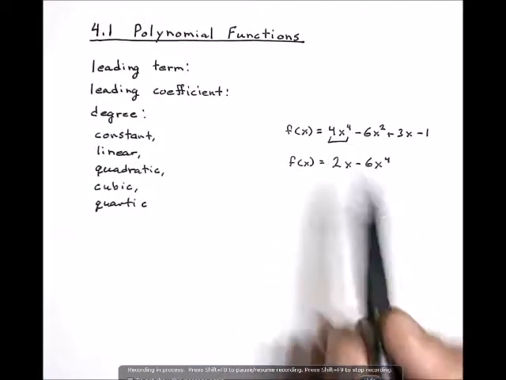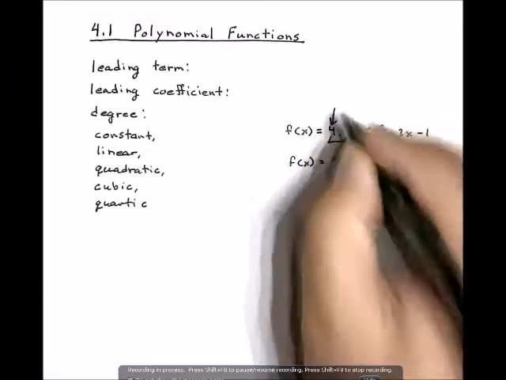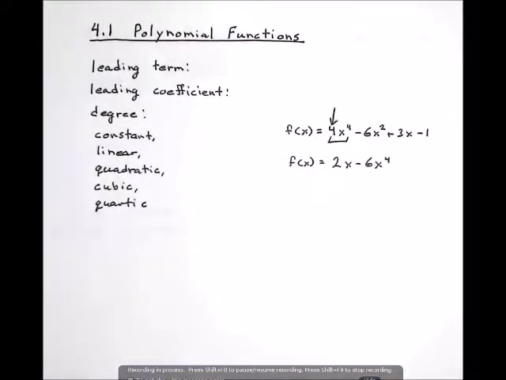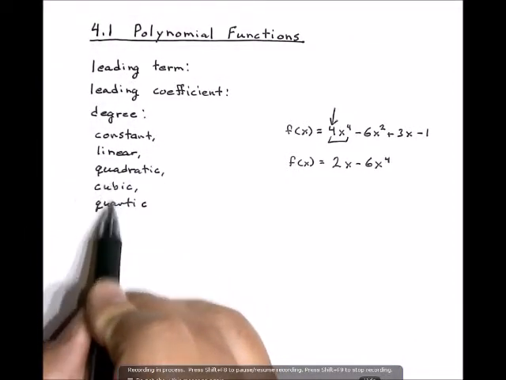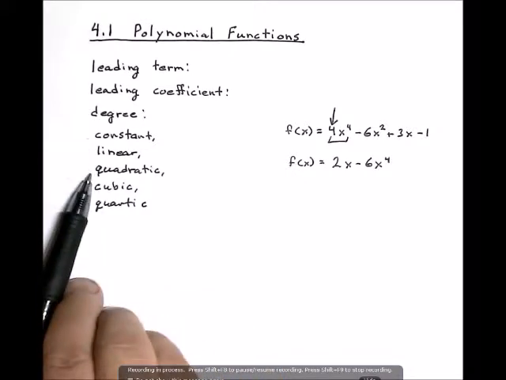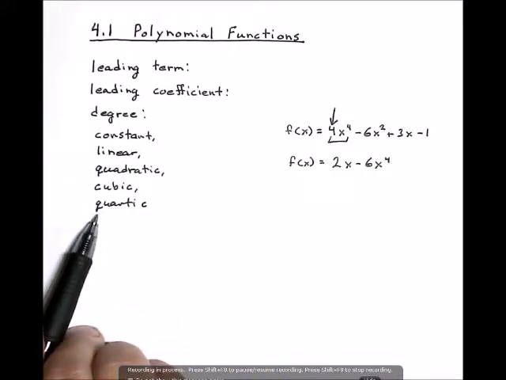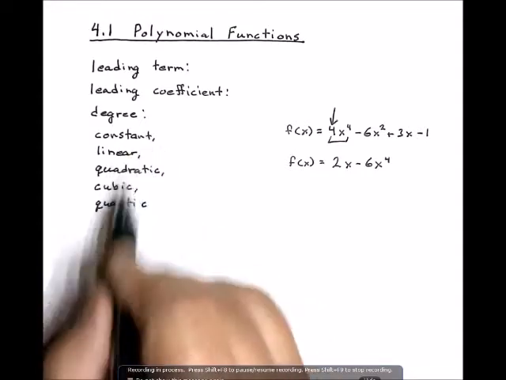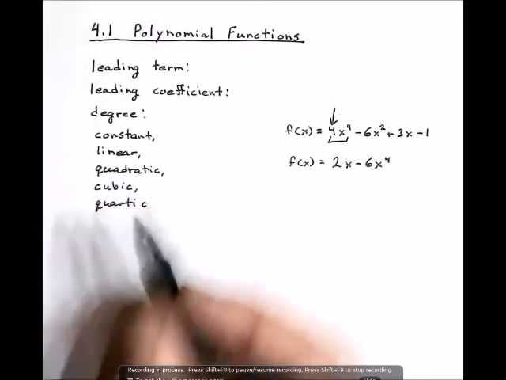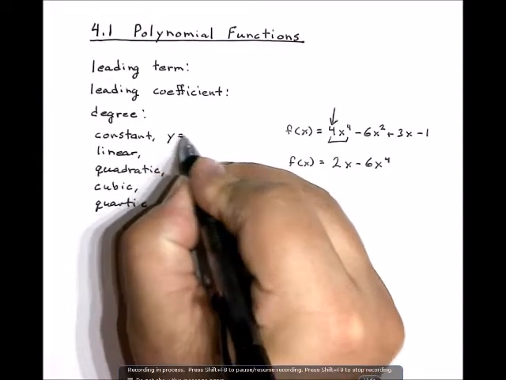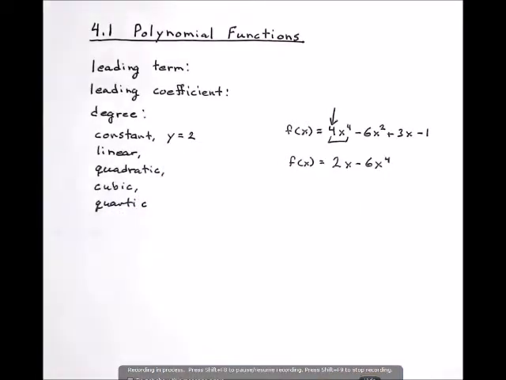Leading coefficient is just the numeric part of that term. In this case, the leading coefficient's 4. You're also going to run across these terms: constant, linear, quadratic, cubic, and quartic. All this refers to is the degree of the polynomial. Constant is a polynomial degree 0. In other words, y equals some number.